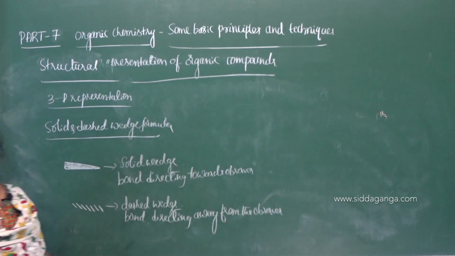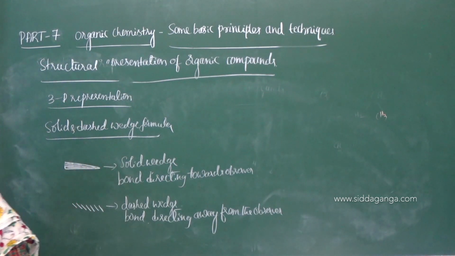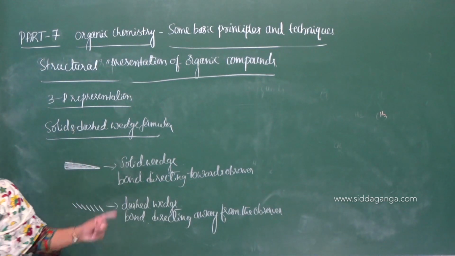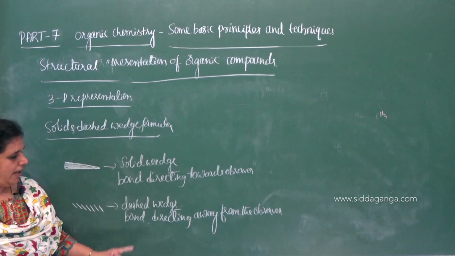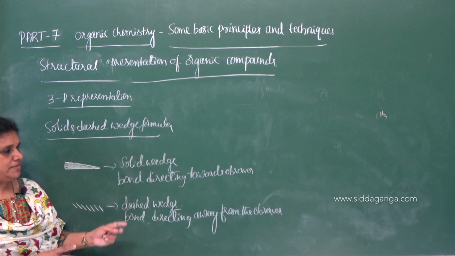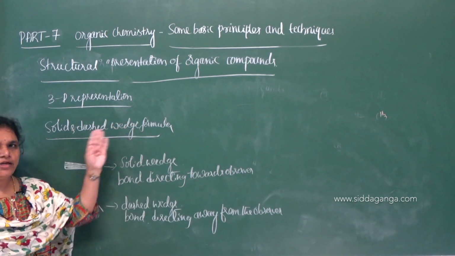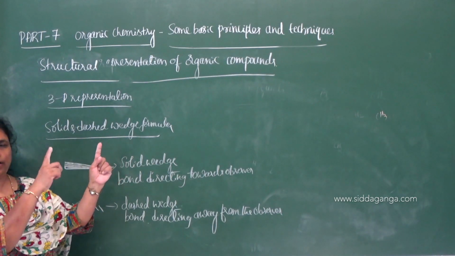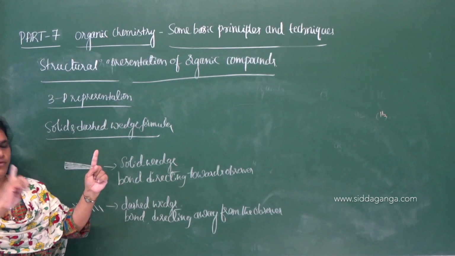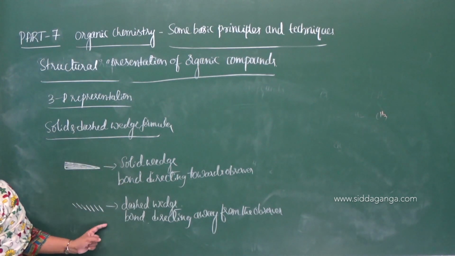Away from the observer means it is moving to the backside of the board. A bond directing away from the observer means it is not in the plane of the board, it is behind the board. It is projecting behind the board. And a bond projecting away from the board towards the observer is the solid wedge, and the other is the dashed wedge.